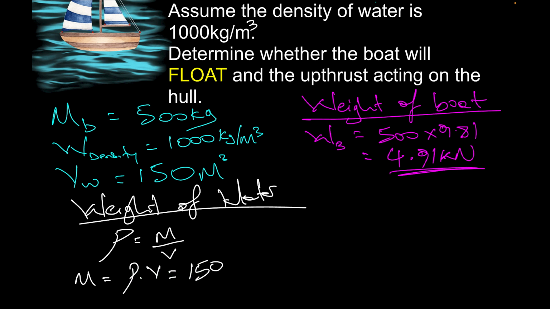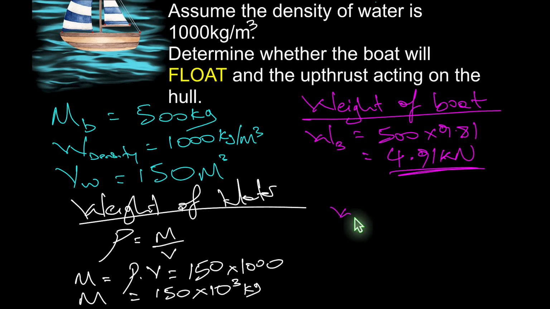So the volume was 150 meters cube. We know density is 1000. So then the mass here is just going to be 150,000. So I'm just going to write 150 times 10 to the 3 kilograms. And once again, if you know what the mass is, then you can work out the weight. And remember, the weight is a form of force.